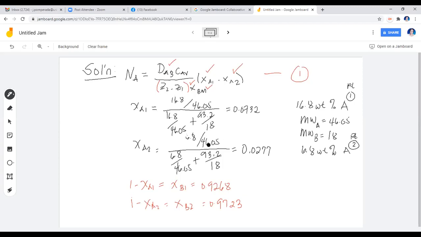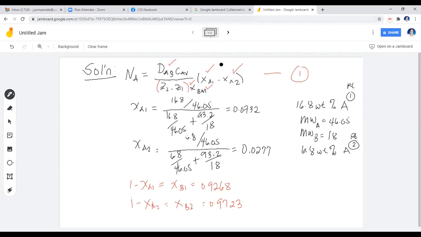I already took the moles of A at point 1. What's the moles of B at point 1? That would be, okay, so that would be 93.2 divided by 18.